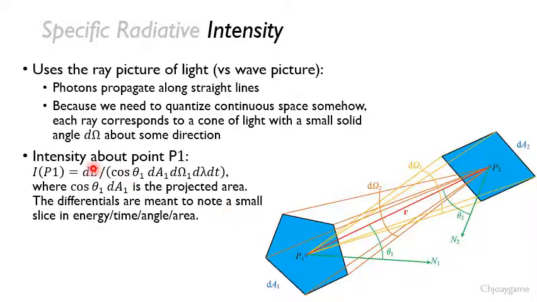Then the intensity here is the little bit of energy slice that we're considering, so some small range in photon energies per projected area, so that's the actual area around point 1 times cosine of the angle between the normal from dA1, the angle between that and the vector connecting these two, the source and the detector. And also in the denominator we have the solid angle, and then we're interested in some wavelength range here and some slice of time that we're looking at this intensity over.